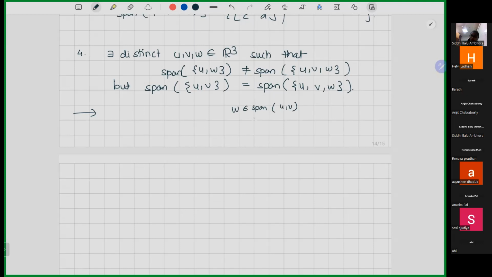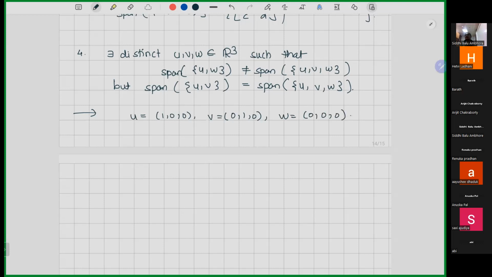If W is in span of U, V, then span of U, V will be equal to span of U, V, W because the third element is anyway in the span of the first two. Yes, 0, 0, 0 would work. Hetvi gave these elements: she chose U to be 1, 0, 0, V to be 0, 1, 0, and W to be 0, 0, 0.